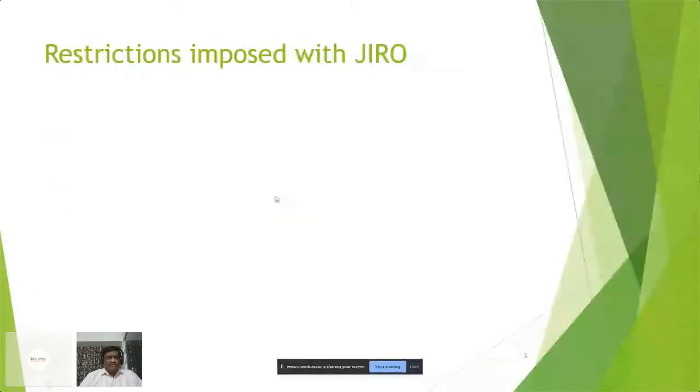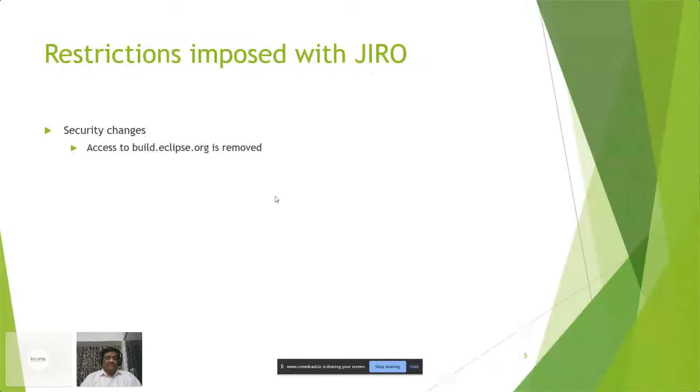With this, we do have some restrictions imposed in the JIRO infrastructure. The first one is security changes. There are multiple security changes we got. First one is, as I said earlier, in the old infrastructure, everything used to be stored in build.eclipse.org. That is gone now.